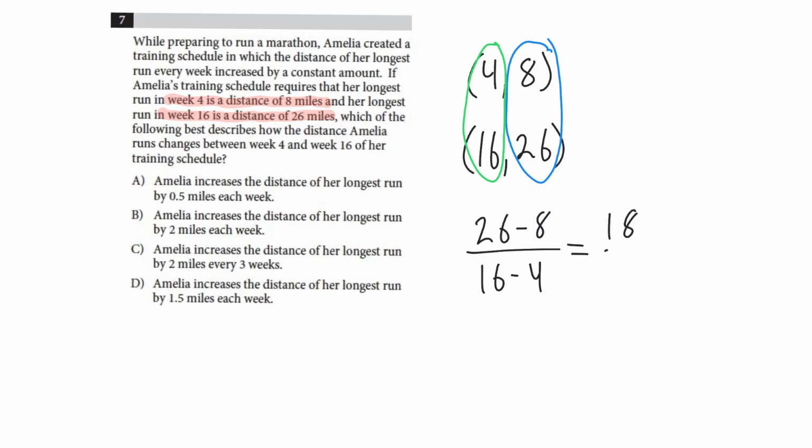That's going to be 18 twelfths, or we could simplify that to 3 halves, or 1.5. So each week she's going to increase her distance by 1.5 miles. And if we come down here, we can see that the first one's 1/2 a mile each week, 2 miles each week, 2 miles every 3 weeks, and the last one is 1.5 miles per week. So we got D.